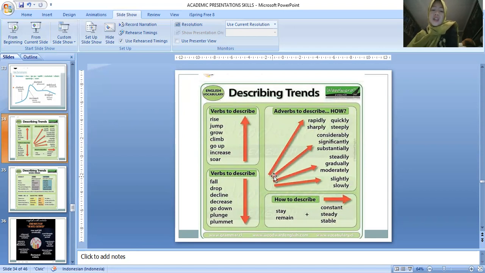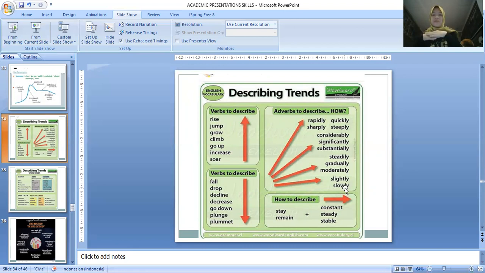Yeah. It decreased considerably. It decreases substantially. And then if it decreases steadily, moderately, and it decreases slowly. So here, if I say like this, for example, if the first point is in here, and then it increases rapidly, so it becomes here.